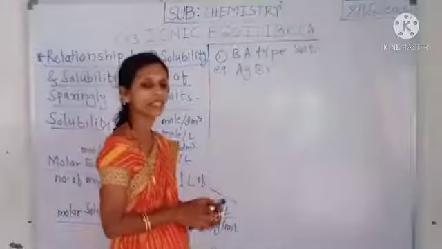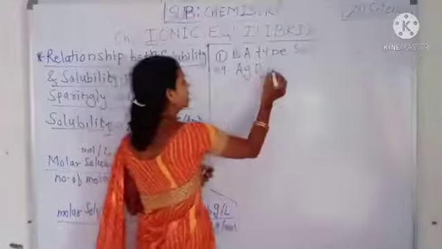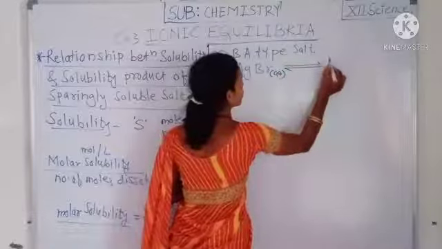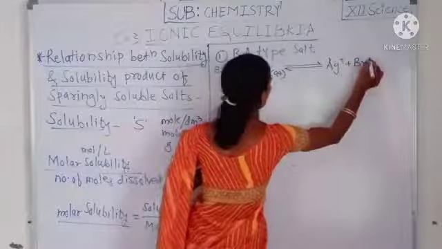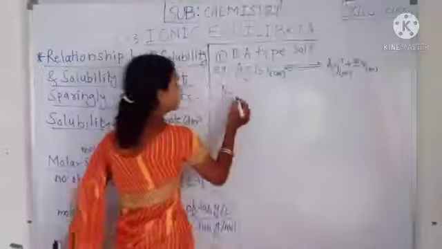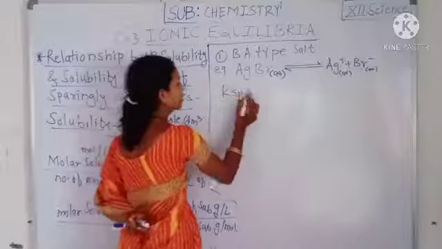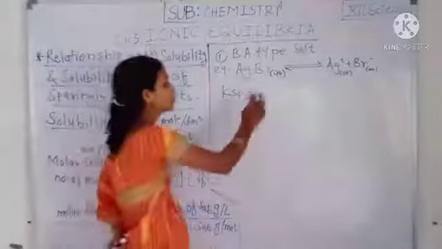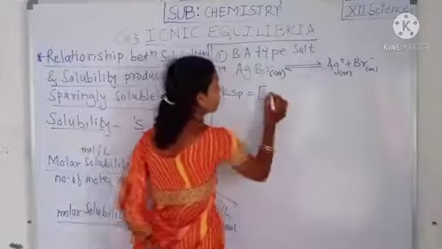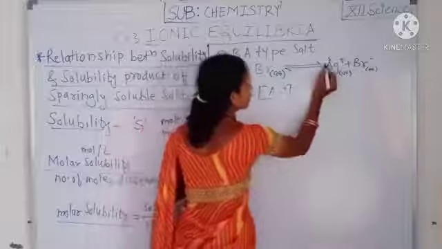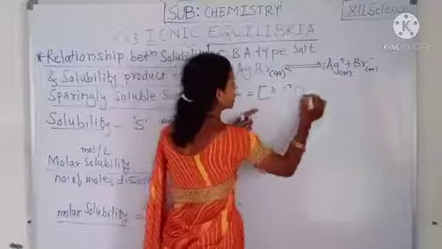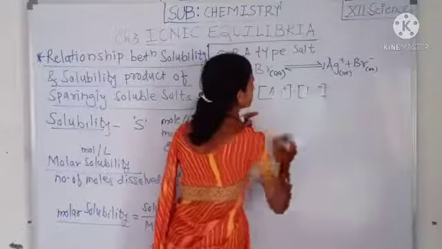See here, AgBr is a BA type salt, and when it dissociates in aqueous medium, it gives Ag+ plus Br- ions. Applying the law of mass action, we get the equation for Ksp for AgBr salt, that is Ksp is equal to the concentration of Ag+, here the coefficient 1 is there, therefore raised to 1, into the concentration of Br-.